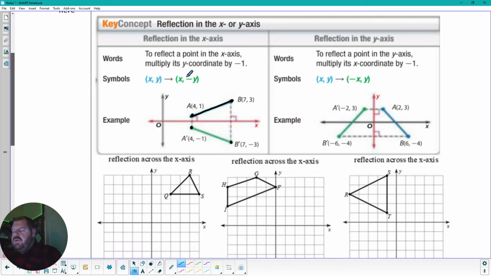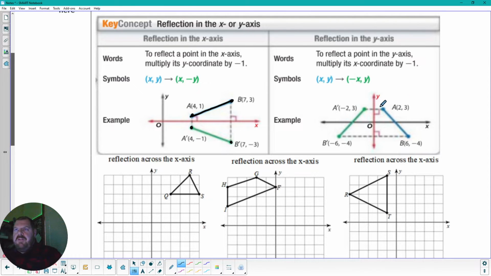Negative y is kind of not correct, because if it was already a negative coordinate, it would then move to a positive coordinate. We see that in this second one, where we're reflecting across the y-axis. They say that x, y turns into negative x, y. We notice here that x is positive on both these points, so we don't really see it happen.